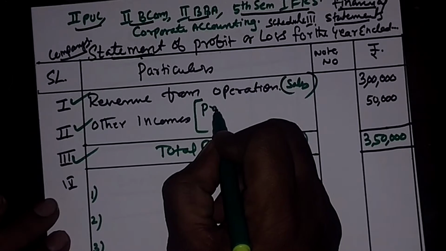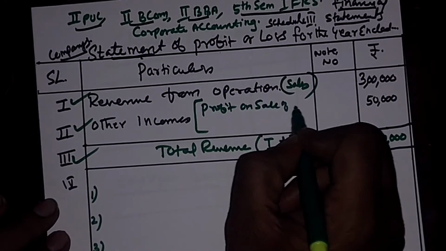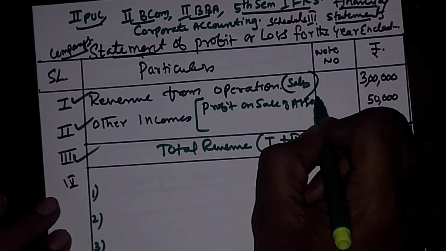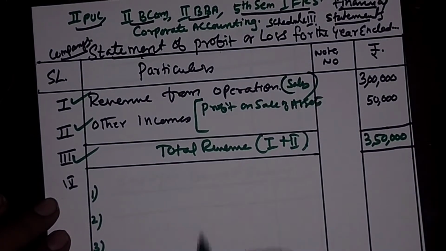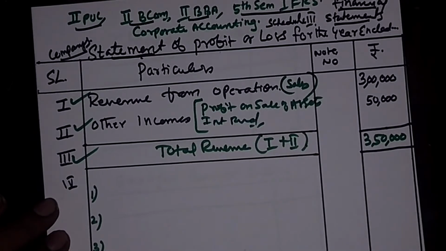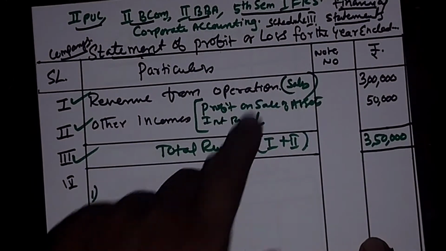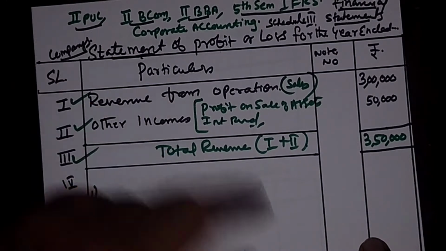One, it is profit on sale of assets or interest received on investment or discount received, like that, which is not from operating activities, which is other than operating activities.